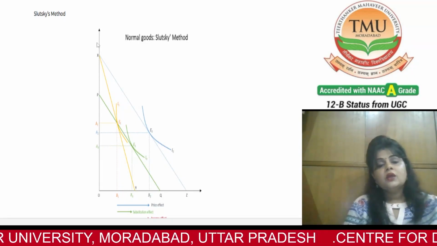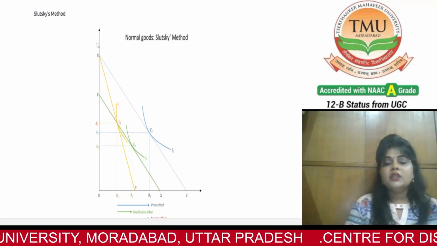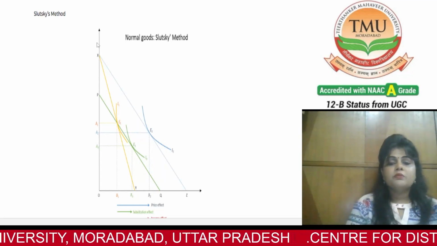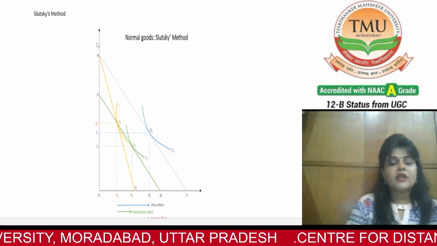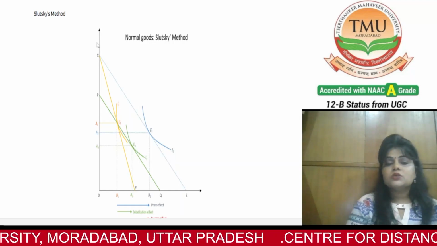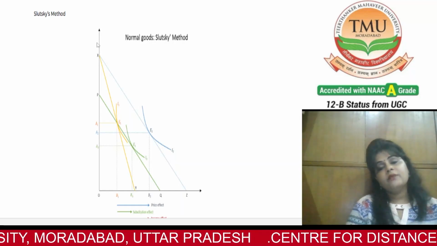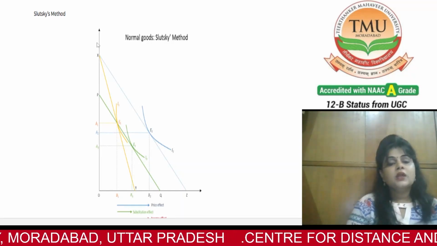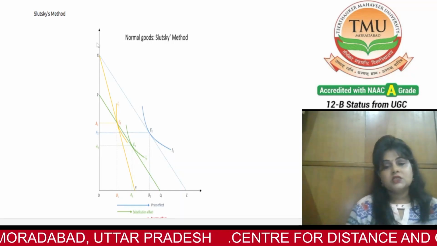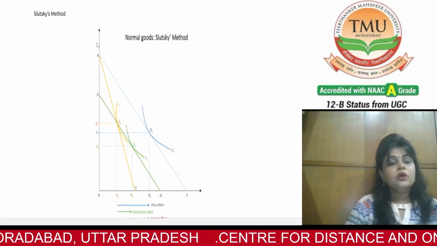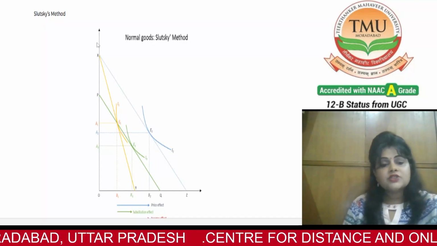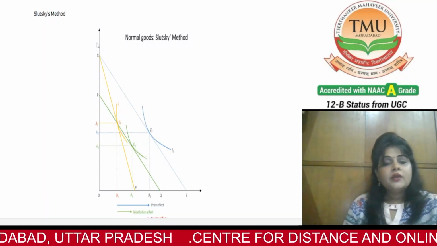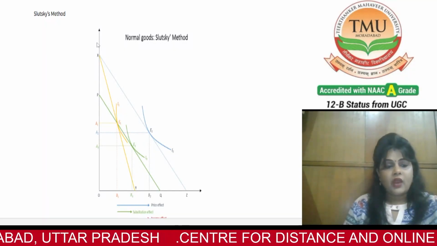After obtaining the substitution effect in this way, the difference between the price effect and substitution effect shows the magnitude of the income effect. Hence, the change in quantity demanded is decomposed into two parts: change in quantity demanded due to the substitution effect and change in quantity demanded due to the income effect.